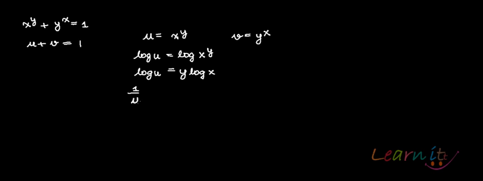Differentiating this, you'll get 1 by u du by dx is the first function as it is into the derivative of the second function, plus the second function as it is into the derivative of the first function. What is the derivative of y with respect to x? dy by dx.